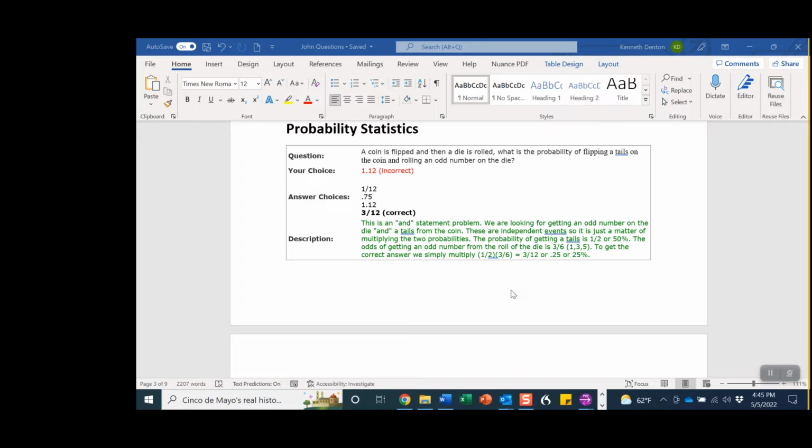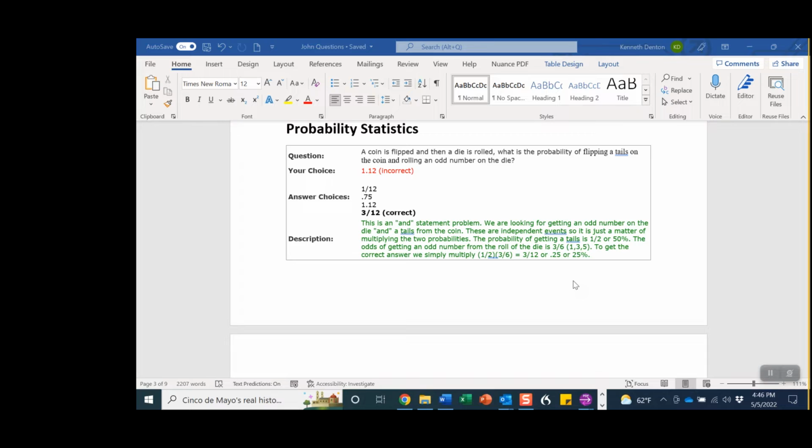My question though is, I don't understand why the answer is 3 divided by 12 versus the answer just being 25%. I don't know how you get 3 divided by 12. Oh, because there's 12 possibilities? No. I figured out 2 or 3 different ways to do this, and every one of them came out with 25%. I couldn't get to 3 divided by 12.